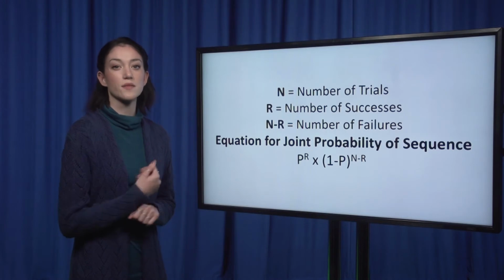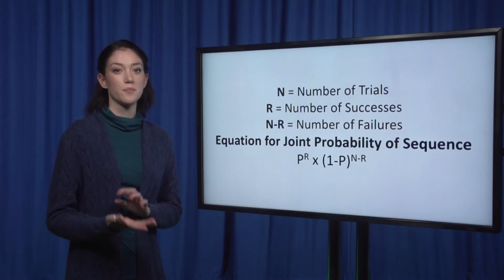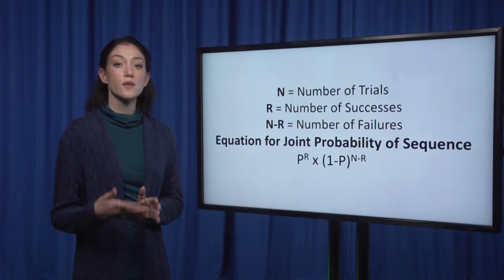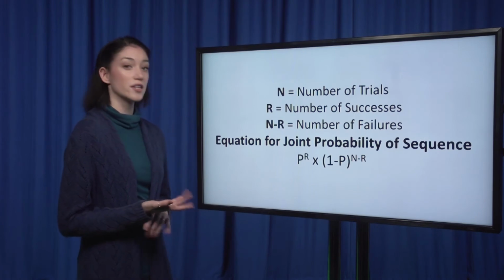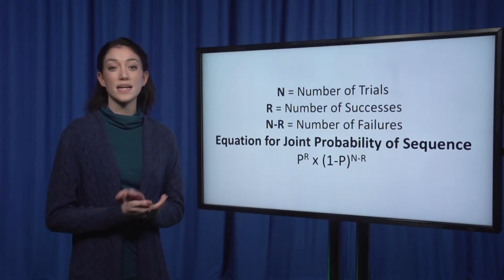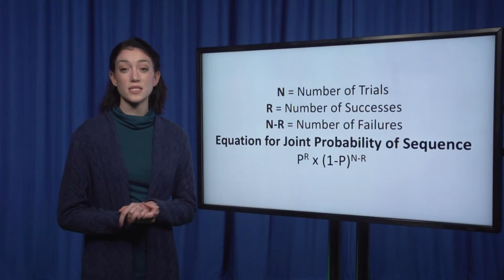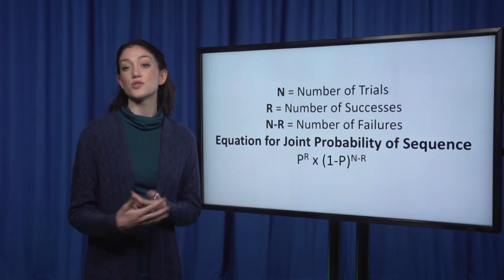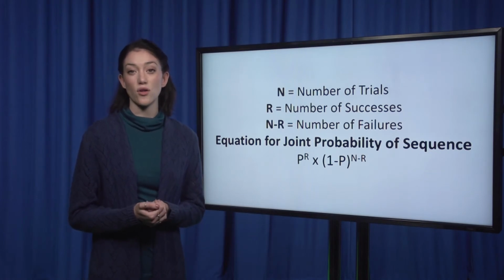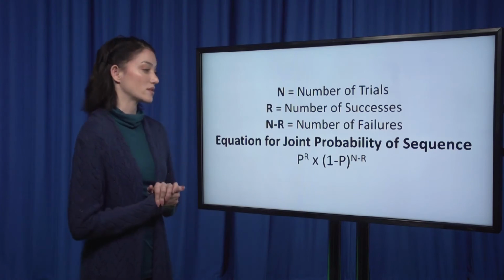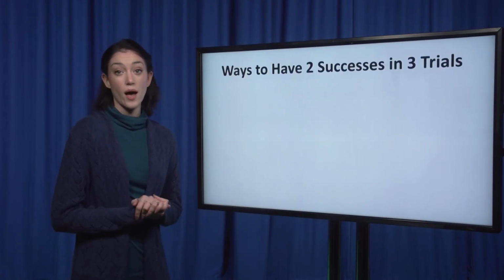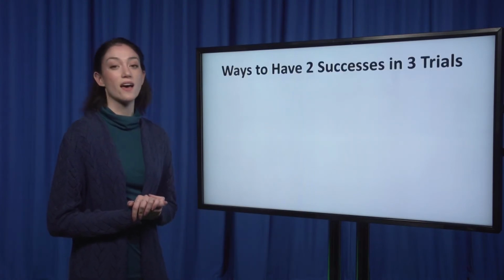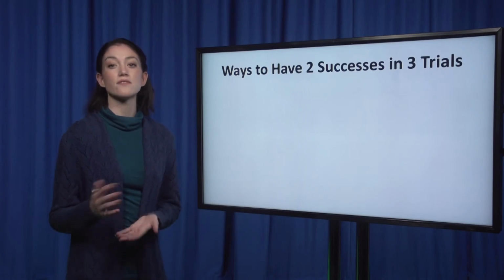We multiply the probability of success, P, by itself R times. Then we multiply the probability of failure, 1 minus P, by itself N minus R times. And we finally multiply those two numbers together. This is called the joint probability of a sequence. Now you know how to compute the joint probability of a sequence of successes and failures.